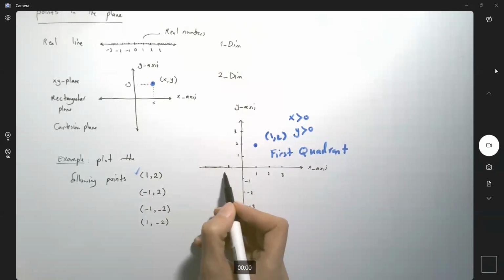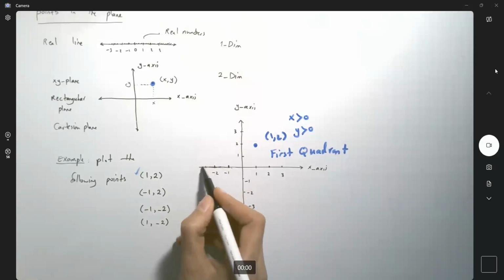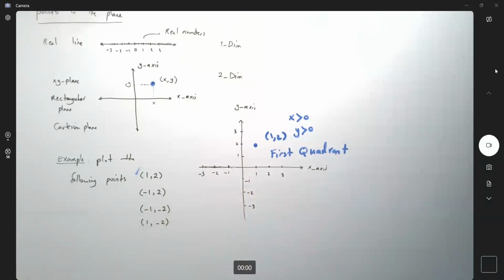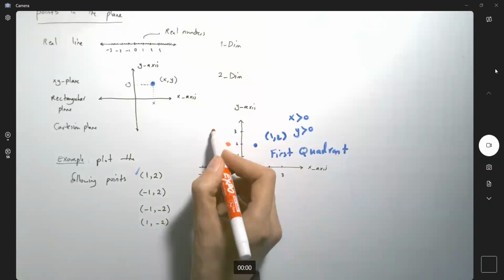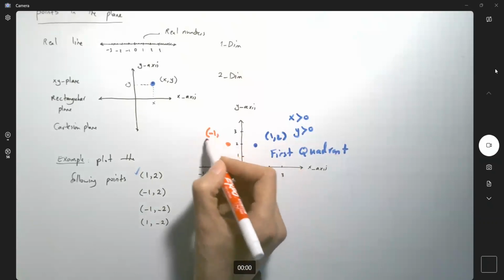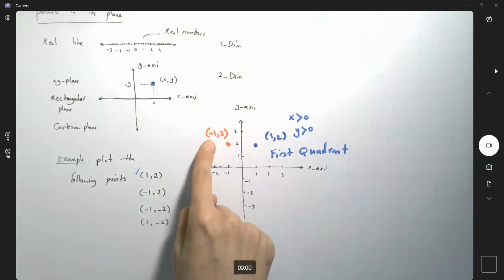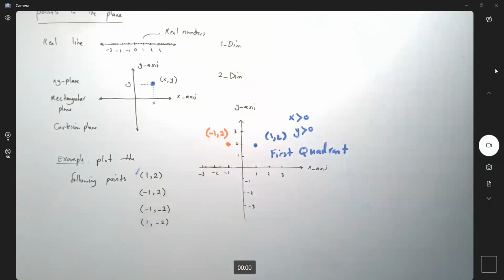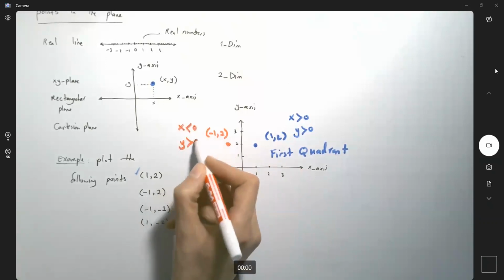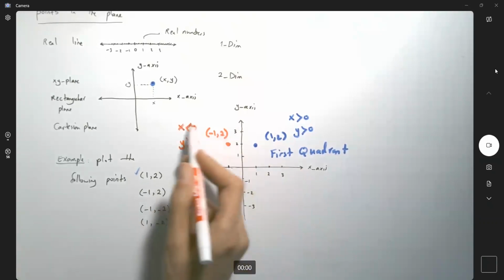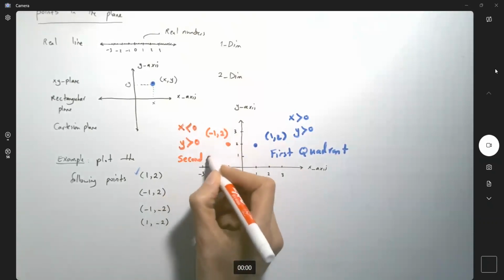So here, this point is identified by (-1, 2). Note that X is negative and Y is positive. We call this section the second quadrant.